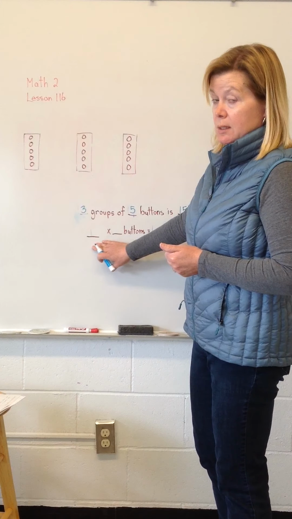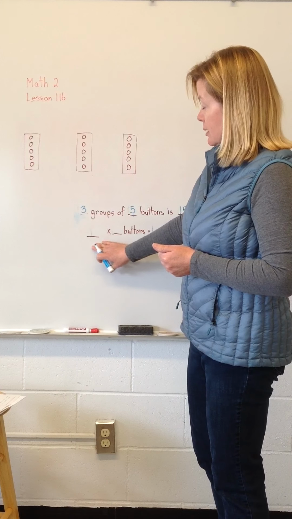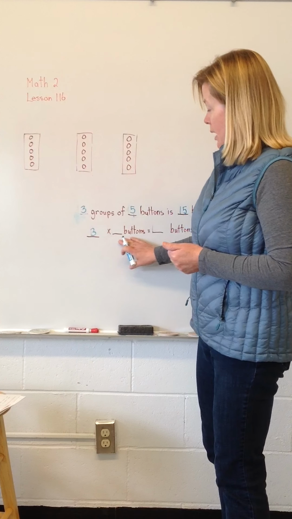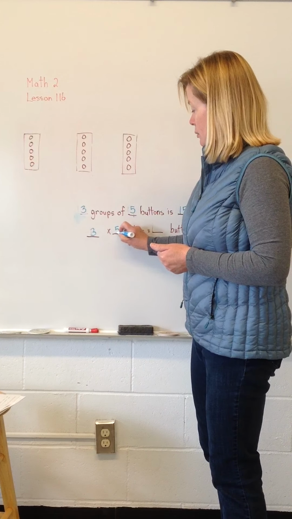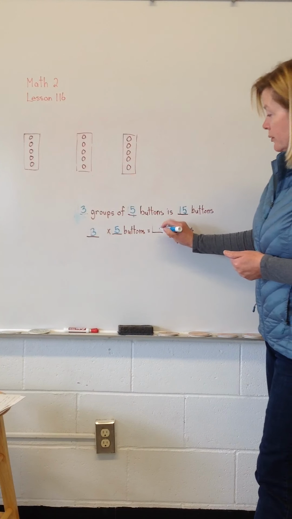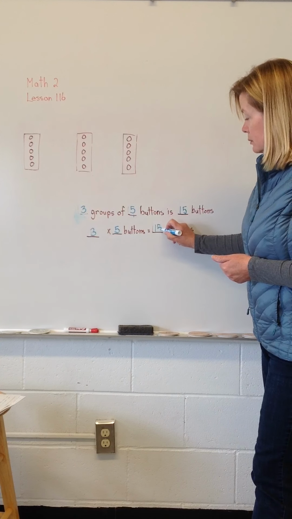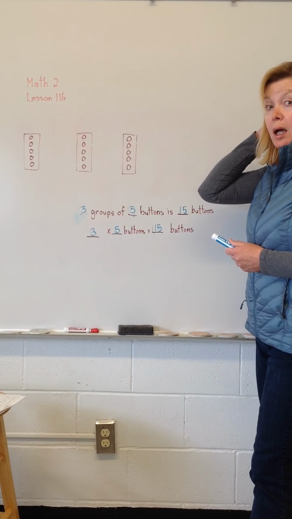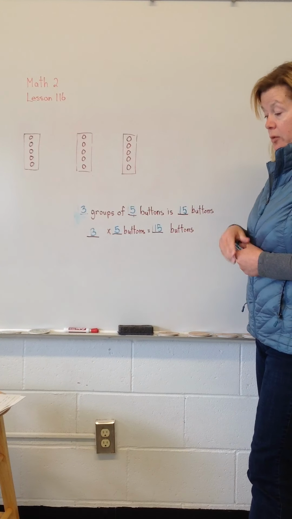Okay, our number sentence at the bottom with the multiplication symbol. 3 groups of 5 buttons equals 15 buttons. You finish that up while I get ready for box 3.